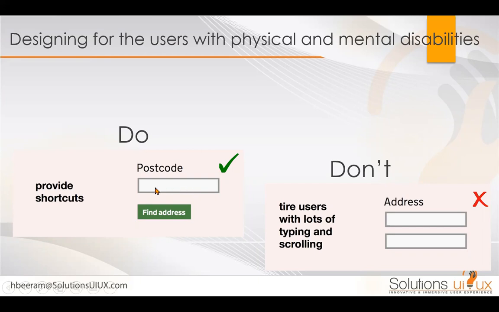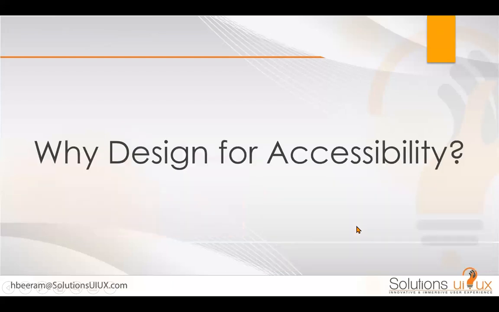Try to design it so they just have to enter one address line, and because they have already entered the zip code, you can fill in the rest, and if not, address line two. But try not to take multiple lines for addresses and have them confused by scrolling.